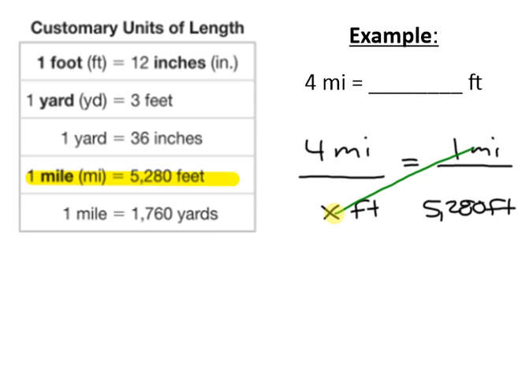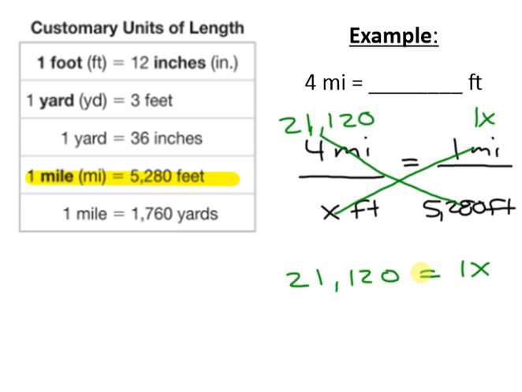So x times 1 is 1x, and then 4 times 5,280 equals 21,120. So 21,120 equals 1x.